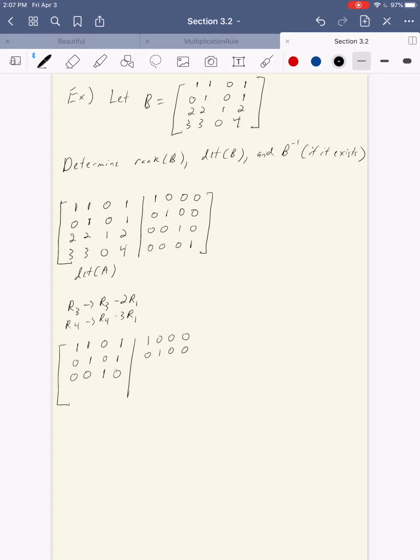And then this should be minus 2, 0, 1, 0. Down here we should get 0, 0, 0, 1, and then minus 3, 0, 0, 1.